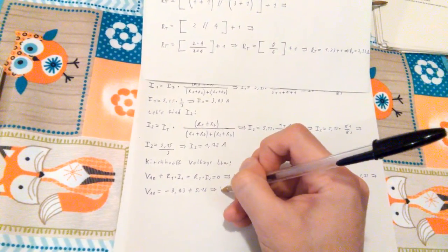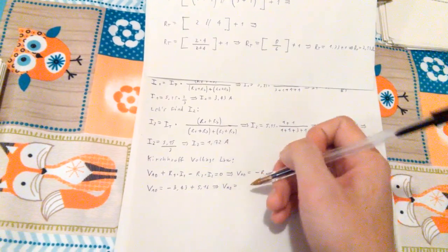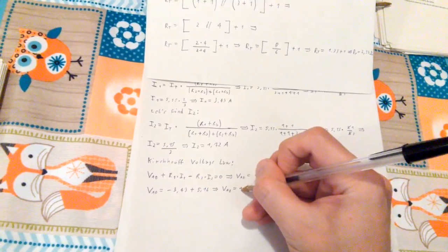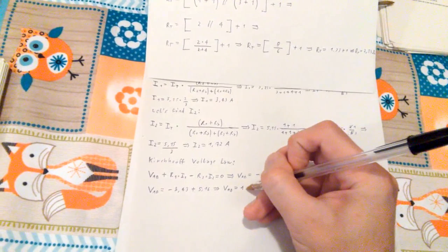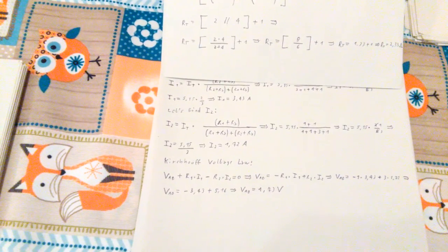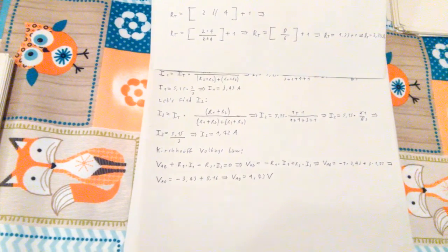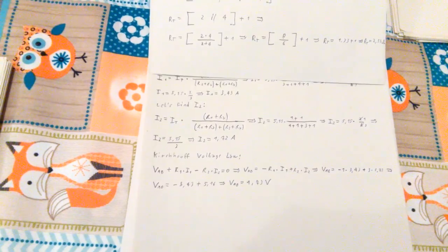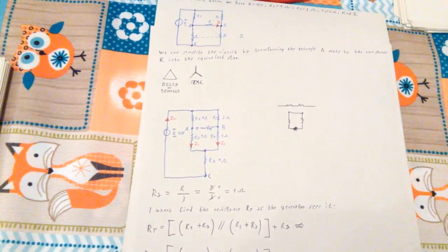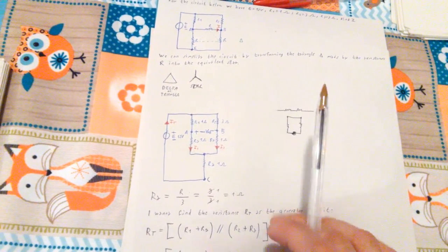Then if we add those two together, VAB is positive 1.73. So now that I have found everything, I have VAB. I just have to find what the problem was asking for.